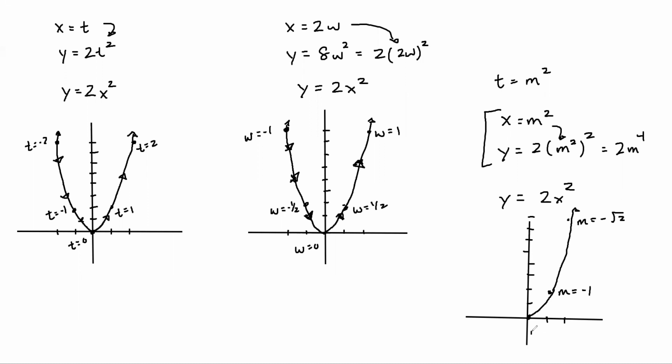And then here we have m equals 0. And you say, well, what's going to happen here? It doesn't have to keep going. No, it turns around, and then you also get m equals 1, and you get m equals +√2. And so the way that the curve goes, it comes down, hits the origin, and then turns around and goes back. Okay, and again, that's because you used an even function.